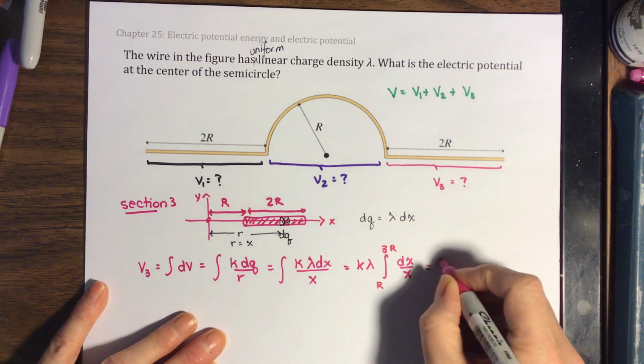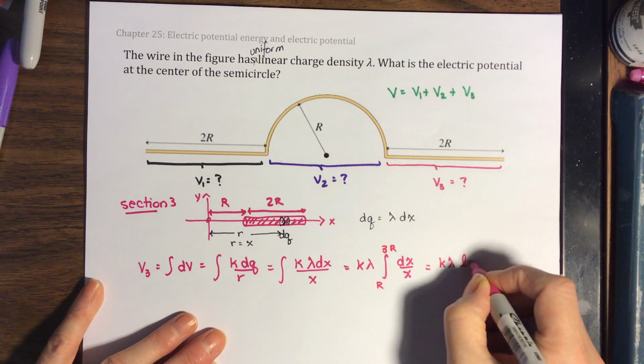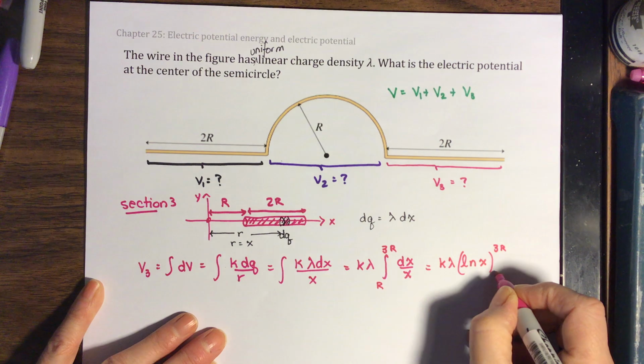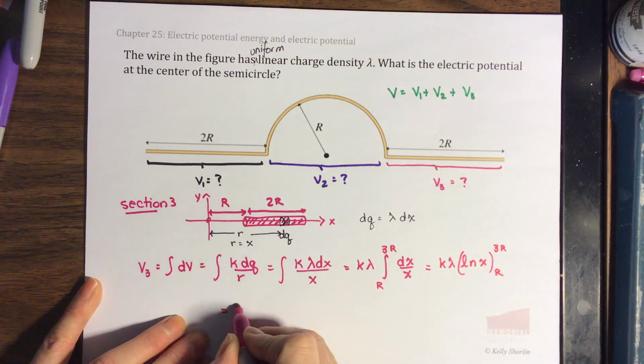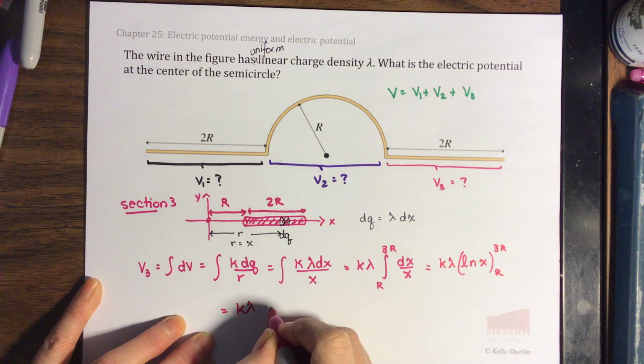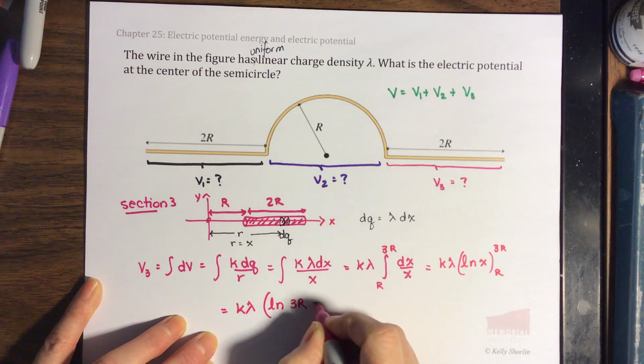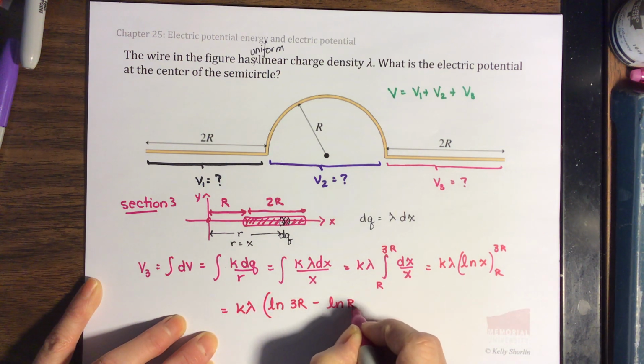The integral of 1 over x is the natural log of x. It's going to be evaluated at 3r and r. So that gives me k times lambda times the natural log of 3r, subtract the natural log of r.